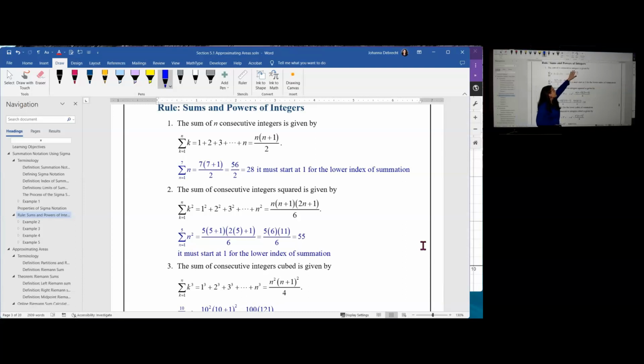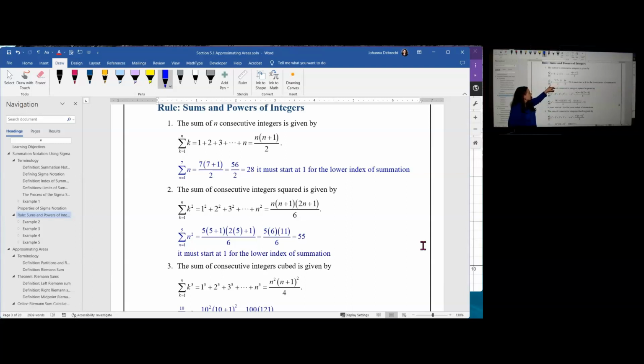You can find that value instead of actually adding them together by computing the formula: the upper limit of summation, times 1 greater than the upper limit of summation, and dividing by 2.